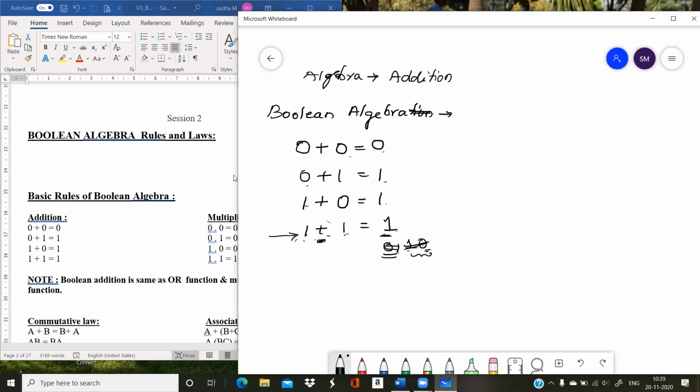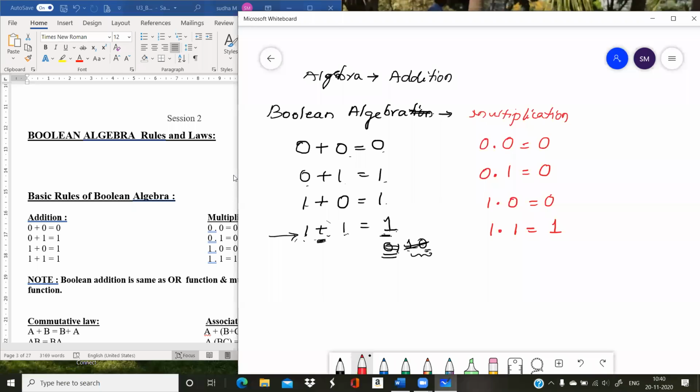Similarly, multiplication. For the multiplication, we have 0.0 equal to 0, definitely 0.1 is equal to 0 only, 1.0 is also 0 only, and 1.1 will be equal to 1. This is the same as the general multiplication, right?